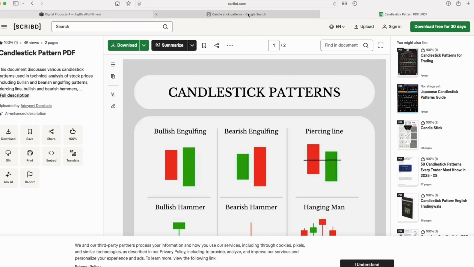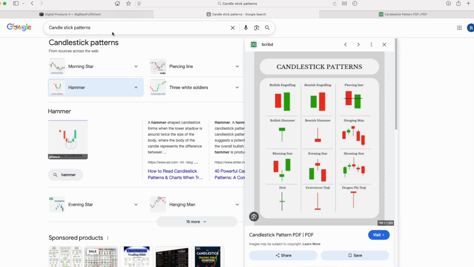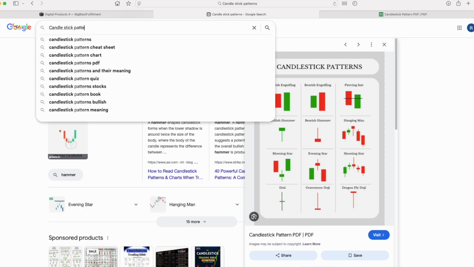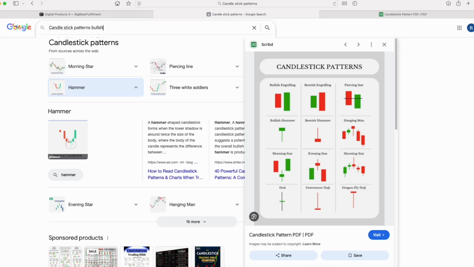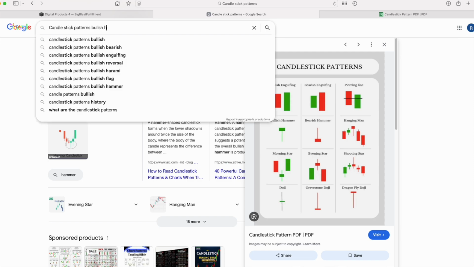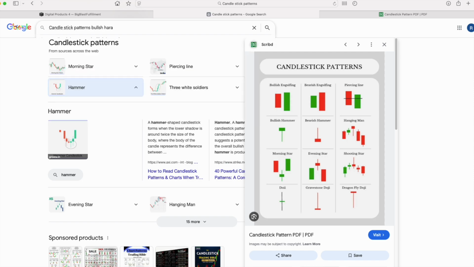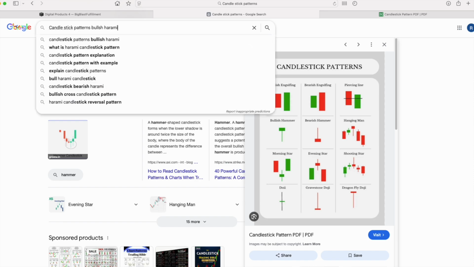Let's see if we can find a bullish harami. I'm not sure if I'm spelling it correctly. That's how it's spelled.